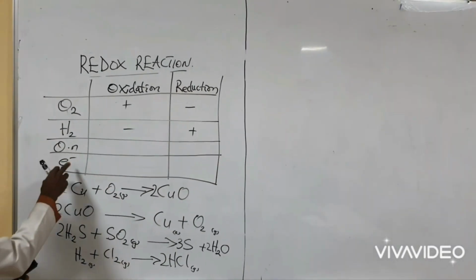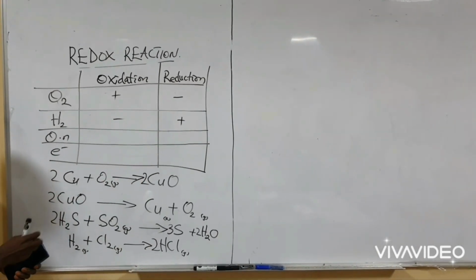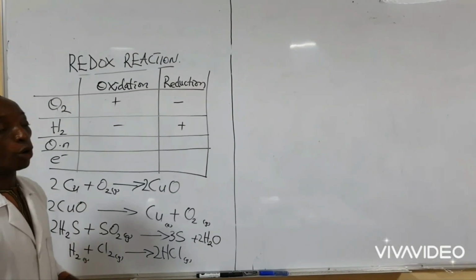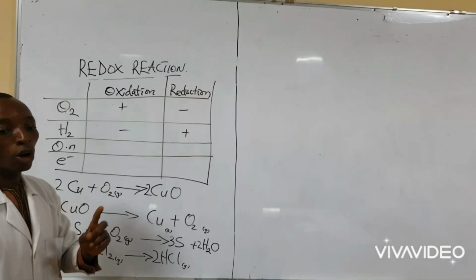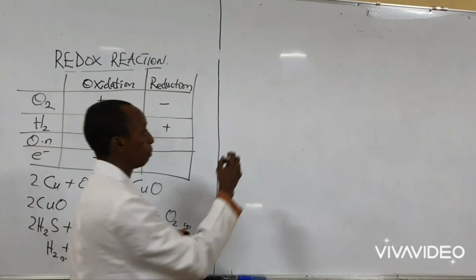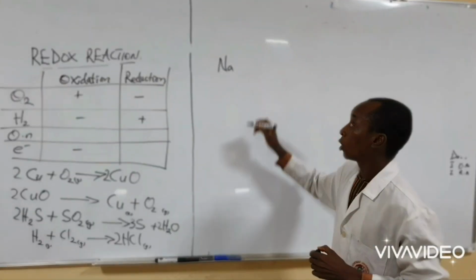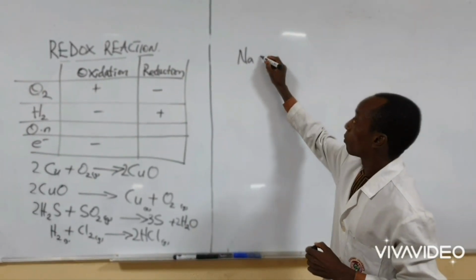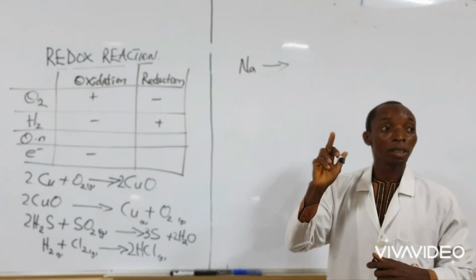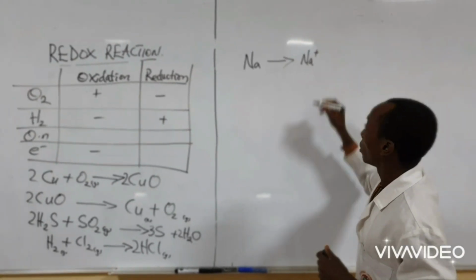Yes, let's move for now to in terms of electron, leaving out this one for now. In terms of electron transfer, the loss of electron is what we call oxidation. For example, sodium atom or sodium metal, losing 1 electron in its atomic shell, will give you sodium ion.